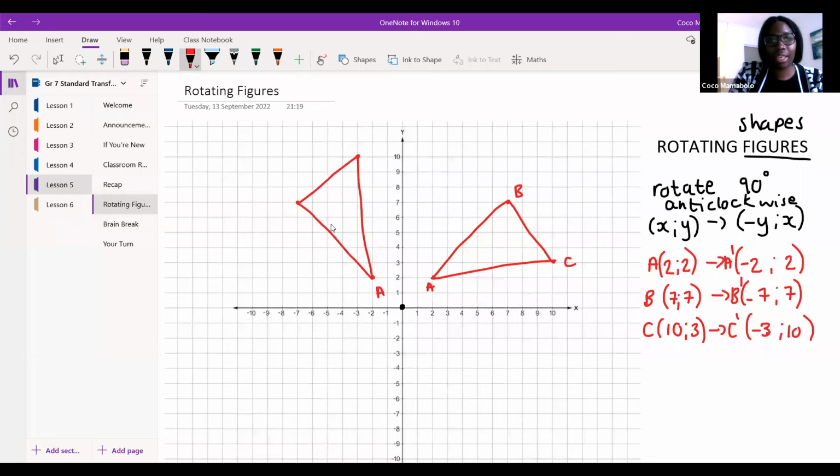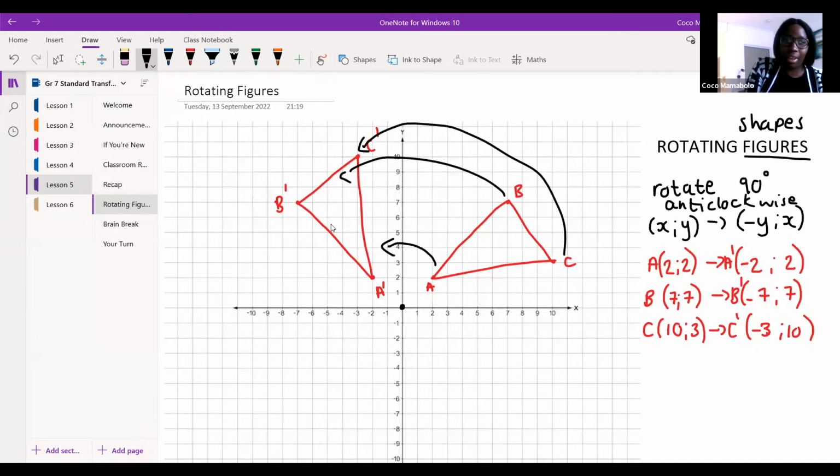And that's A prime, that's B prime, and C prime. Now, what's happened to this shape is that it's moved 90 degrees that way, 90 degrees that way, and 90 degrees that way. Everything has shifted 90 degrees anti-clockwise.